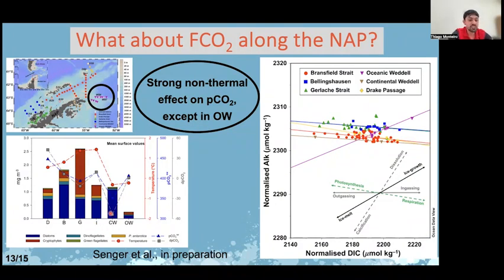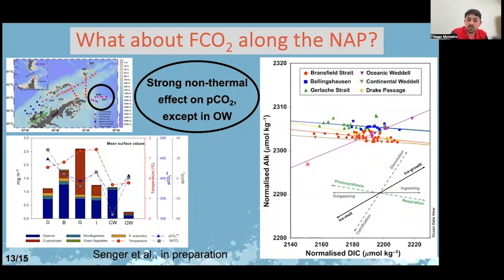So this is very important because we can see this difference between regions, but we also have the same station at different times, with different phytoplankton groups and different behavior in the pCO2. So probably the main driver of the pCO2 in terms of biological activity, the photosynthesis, is driven by the composition of the phytoplankton group.